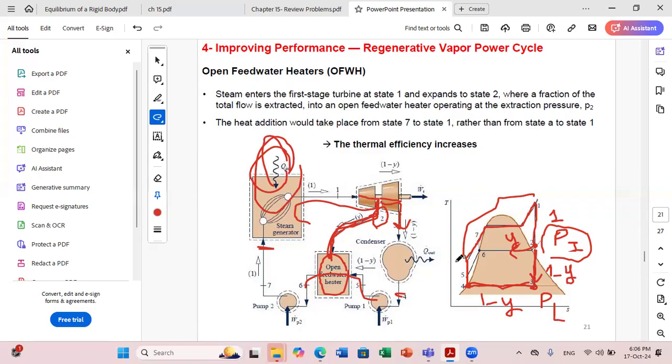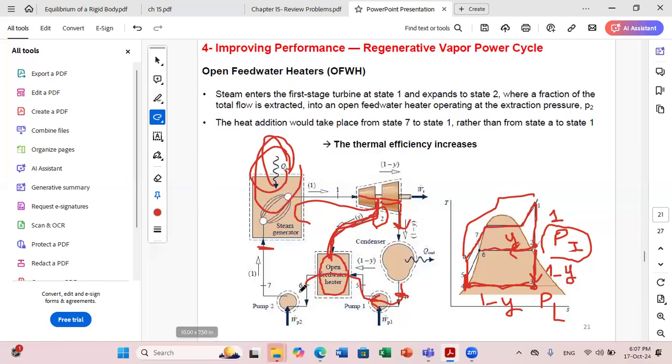So before entering the heat exchanger, I need to reach P intermediate because, as we discussed, the open feed water heater will operate at the same pressure, which is P intermediate. And since at exit of my condenser I have P low, I need to pump my fluid to increase its pressure. So it will pass through a first stage pump.